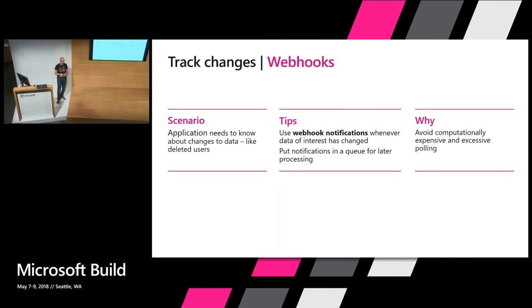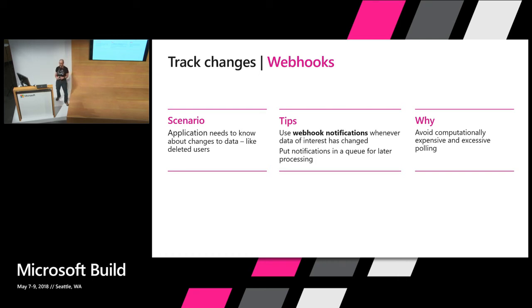The next set of optimizations talk about tracking changes. Imagine a scenario where you want to know whether any users were deleted from your organization, or from this particular organization if you're an ISV. You could be pretty naive about this, and you could just poll Microsoft Graph and store a cache of all the users and then look at a difference between them.